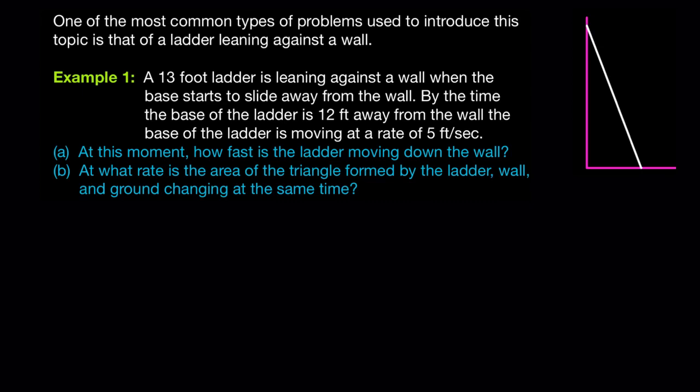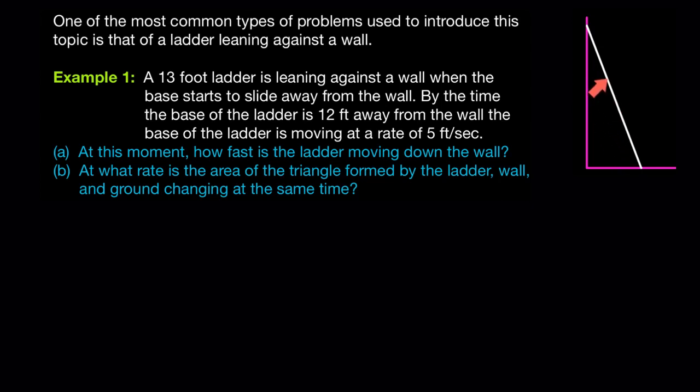One of the most common types of problems used to introduce this concept of related rates is the ubiquitous ladder problem. With this ladder problem, we've got a wall right here, and this white line is going to represent our ladder.